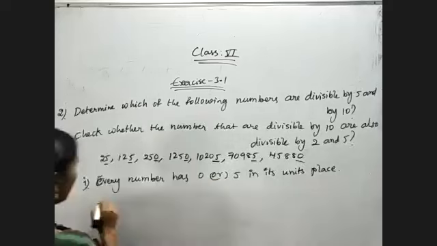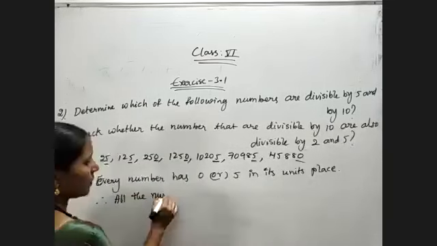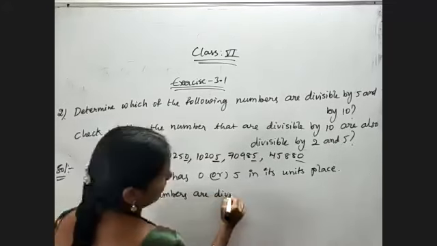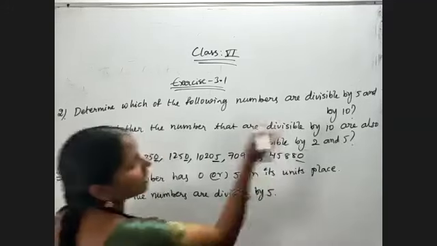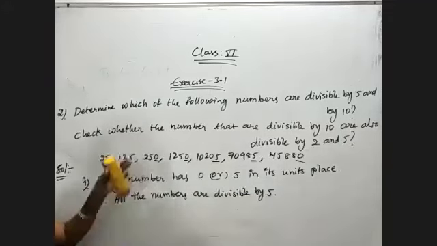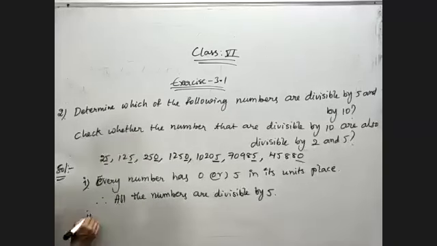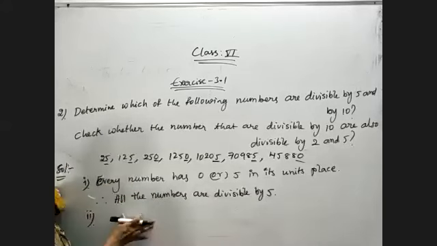Therefore, all the numbers are divisible by 5. Now observe the next: you need to select which of the numbers are divisible by 10. So my second question: every number is divisible by 5.